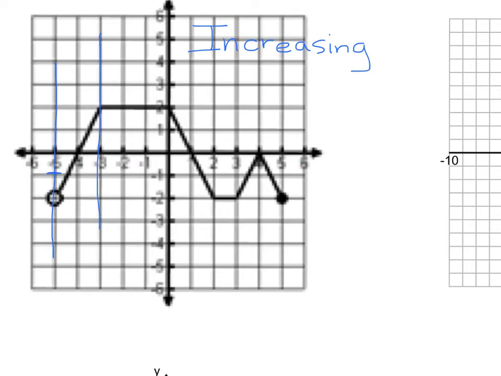So from x equals -5 to x equals -3, the graph is increasing. When we're giving intervals for increasing, we never include the endpoints. So parenthesis, parenthesis. Okay, the other part is over here, this area.